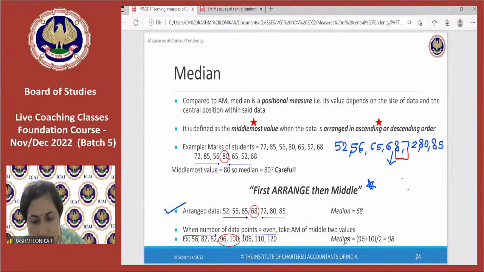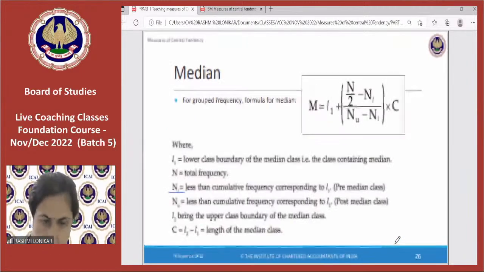So for that we take the average or mean of these two values. So median in this case will be 96 plus 100 upon 2, which gives you 98. Okay. So far so good.